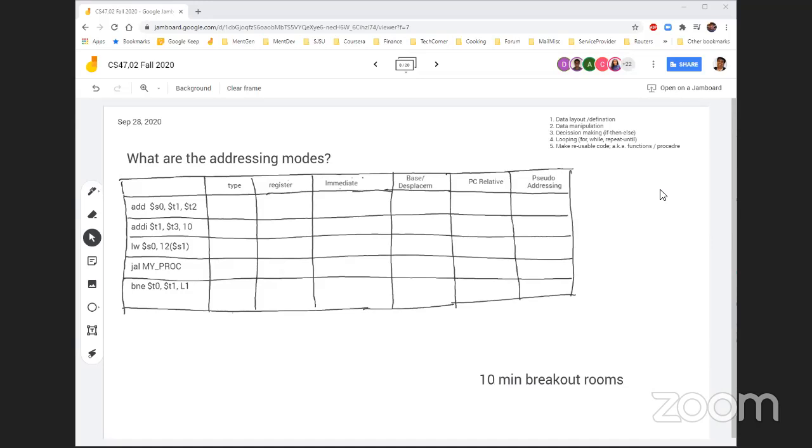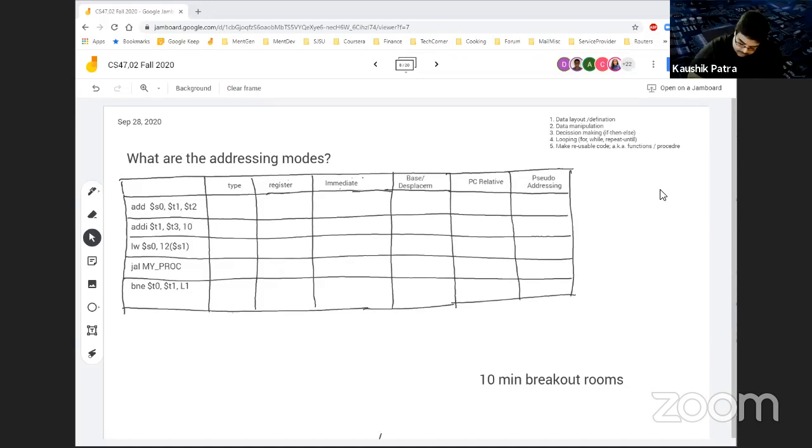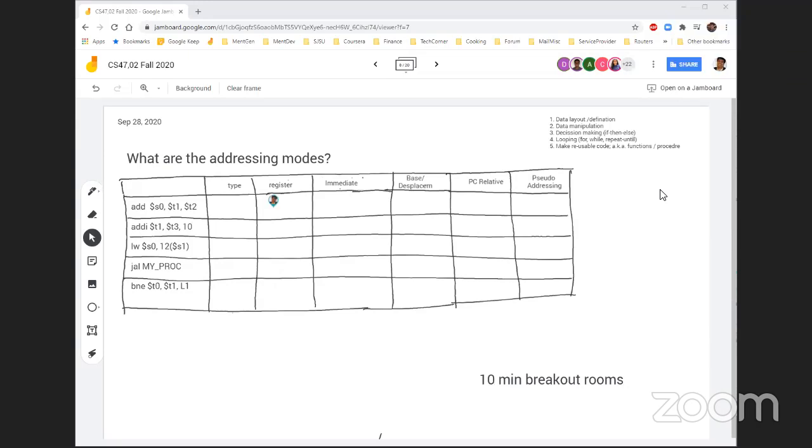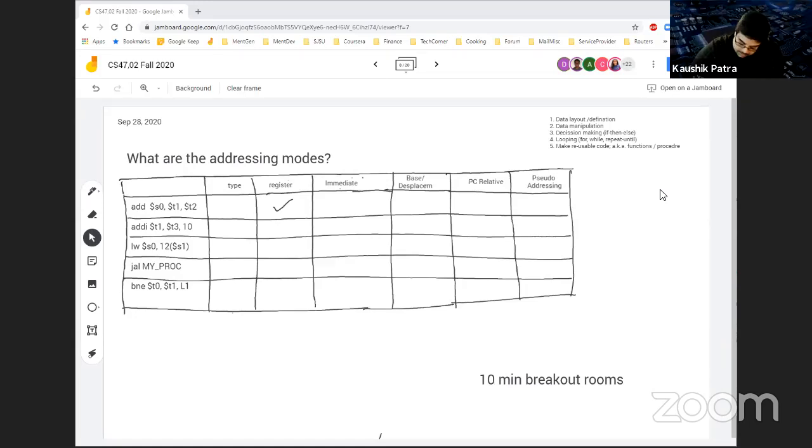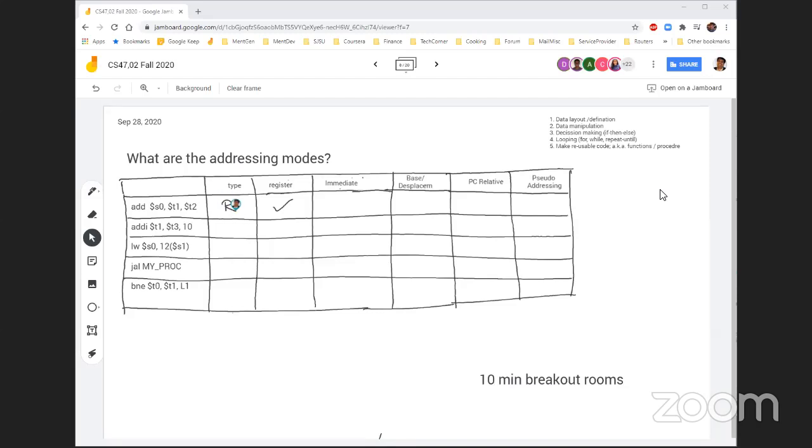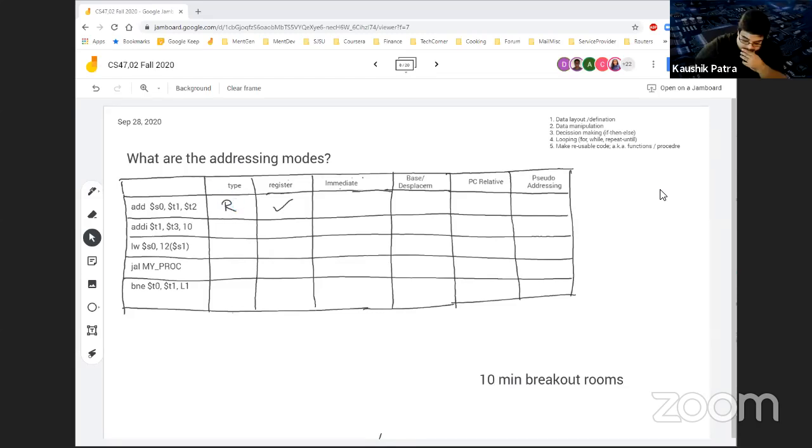So for add, we thought that add would be register addressing, since it only takes registers as its arguments. And this itself is an R type instruction, right? Yes, R type. So how about the next one?